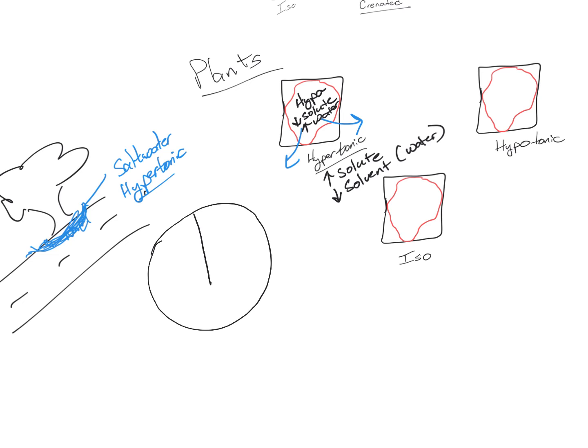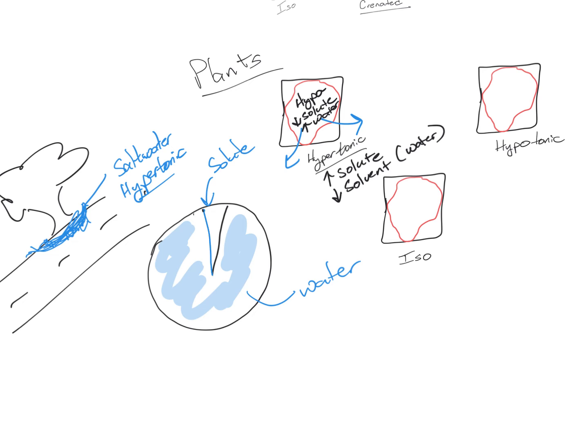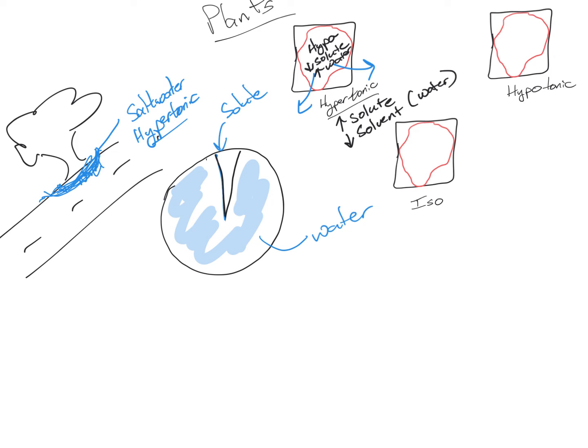If most of this pie chart is water, and this is the solute, and this is water, and I increase the amount of water here and decrease the percentage of solute, then this becomes hypotonic and the other one's hypertonic.